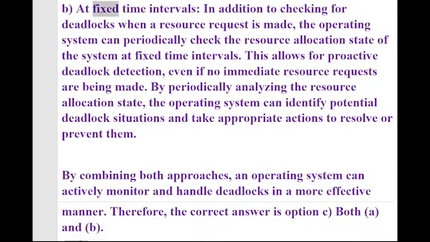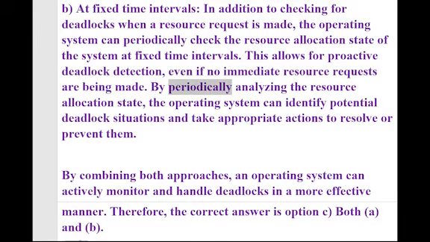B. At fixed time intervals. In addition to checking for deadlocks when a resource request is made, the operating system can periodically check the resource allocation state of the system at fixed time intervals. This allows for proactive deadlock detection, even if no immediate resource requests are being made.